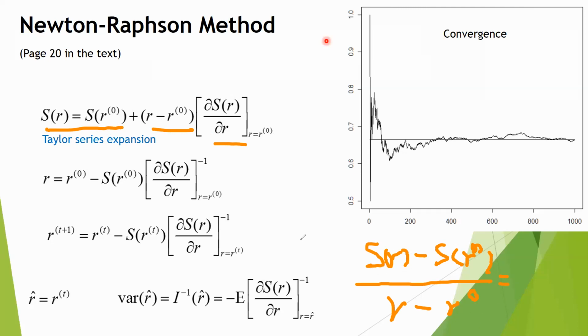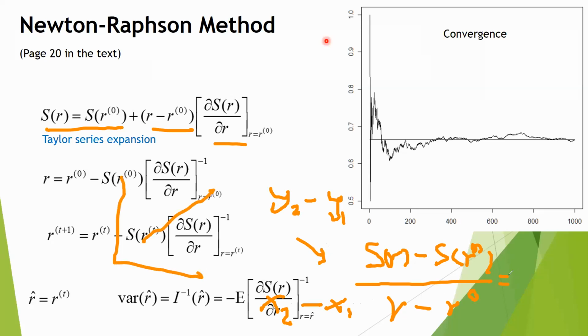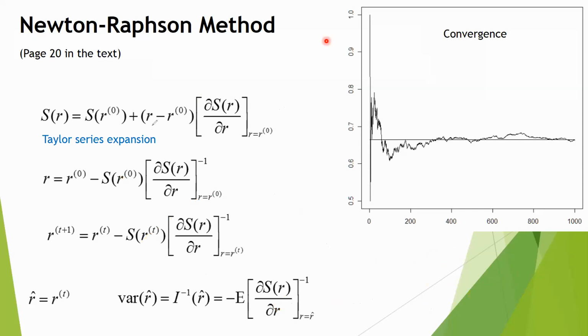If you treat the numerator as y2 minus y1, and the denominator as x2 minus x1, then this is just like the slope of a curve, right? And this is exactly what this term refers to. I hope you can see the relationship. So the difference between these two divided by the difference of these two equals the slope, which is the second derivative at this point, right? Any questions here?